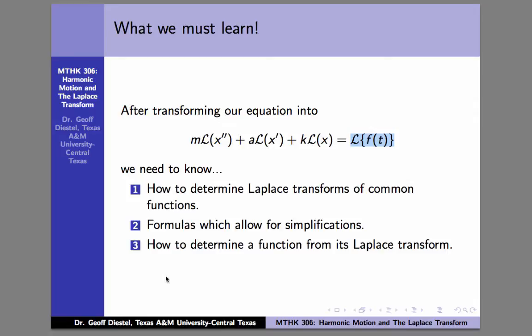So that's the basic idea of what we're going to do. It's a basic three-step process. And for the second order problems that we're going to focus on, we can figure out a formula for our solution, which means we'll plug in all our given information, which is the mass, this number A, this number K, our initial condition values. We'll plug all those into this formula, and what we're going to see is that our solution x is going to be the inverse Laplace transform of some function of s. And then we'll just have to figure out what that function x is, knowing that this function we have is the Laplace transform of it.